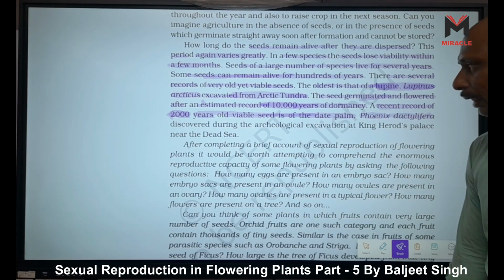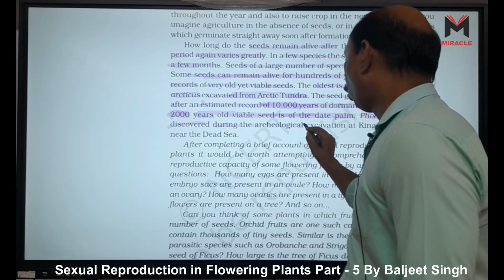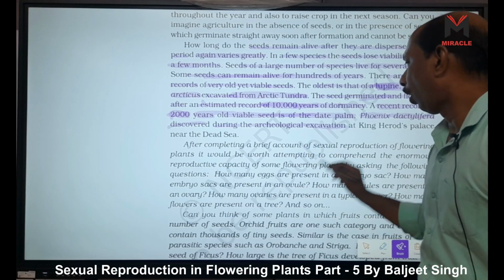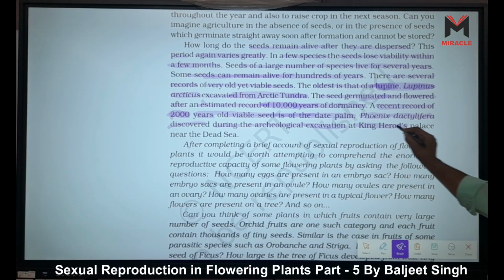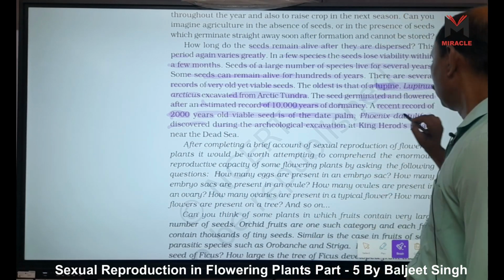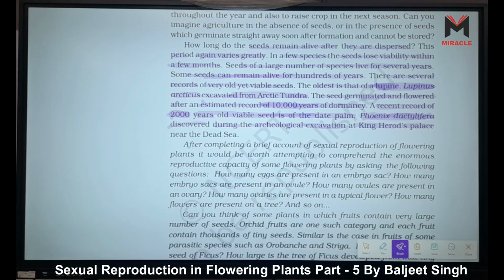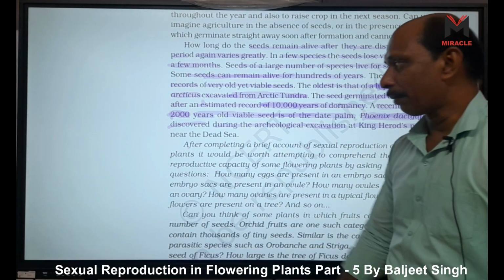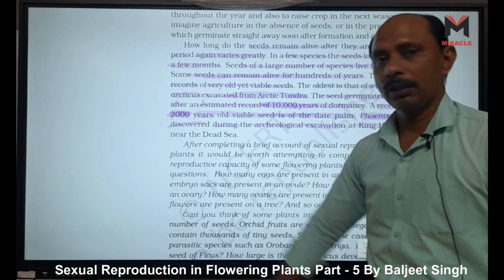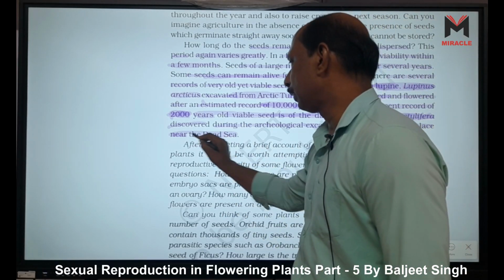It was discovered during the archaeological excavation of King Harold's palace. When they excavated the palace, they found these Phoenix dactylifera seeds, and they germinated after 2,000 years. This was near the Dead Sea.